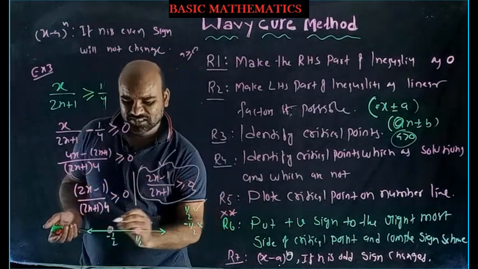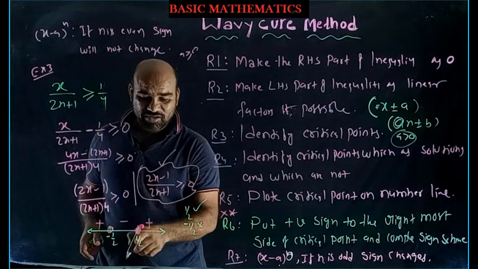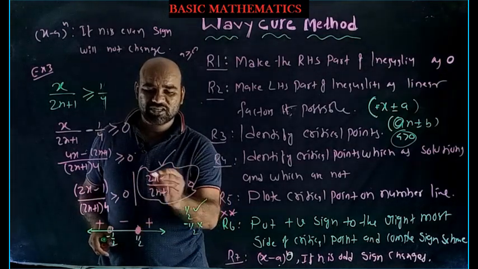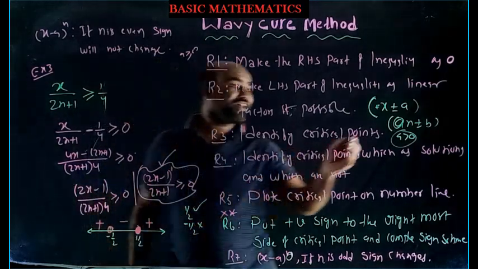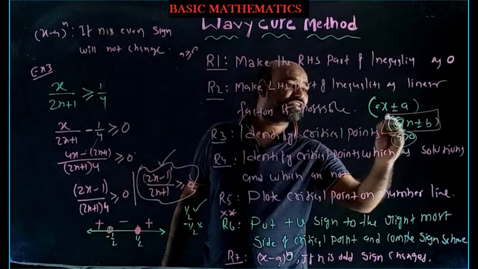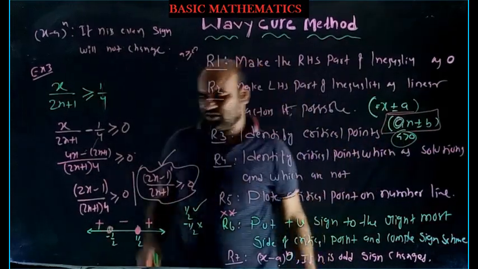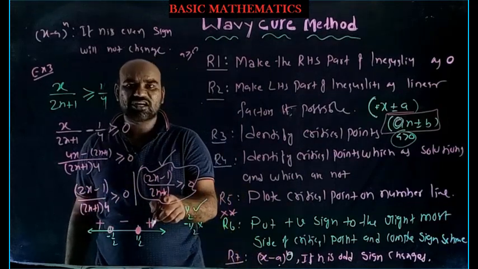Plus, minus, plus. Directly, plus or minus depends upon 1 by 2, which is the 0 of 2x minus 1, and the 2x minus 1 exponent is 1. What I explained here: your linear factors are of the form ax plus or minus b, where a is greater than 0. Here 2 is greater than 0, so it is standard form only.